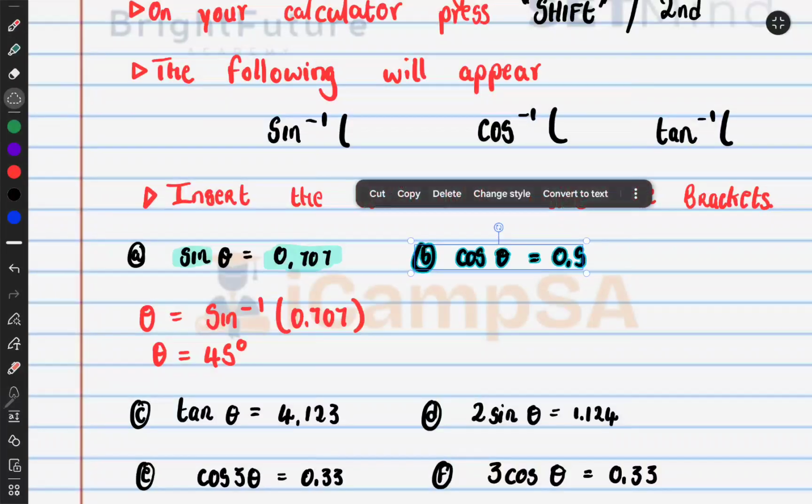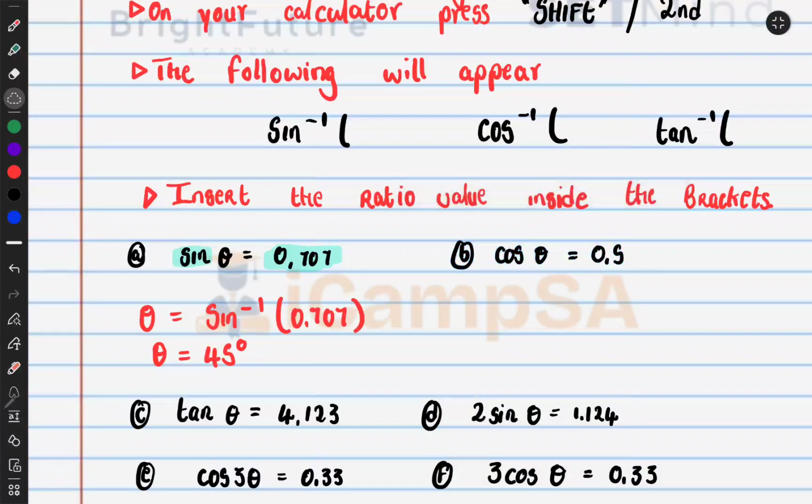Okay, and then next, we do the same thing. We are calculating the angle theta, not evaluating cos theta, for cos theta is equal to 0.5. So theta equals cos, we change cos into the second function, cos inverse, and then you insert the ratio, just like the way I've written here.